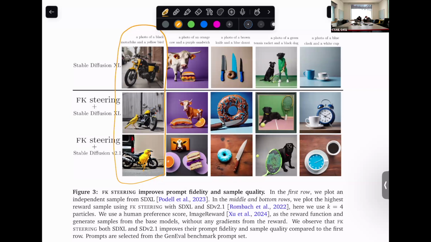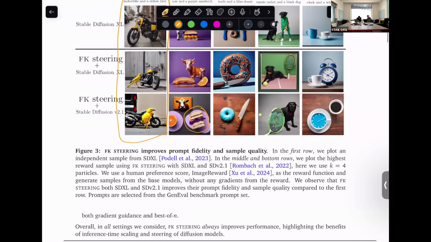I think that's important. And this one, good. Now the sandwich is actually a bit purple. The knife is brown. There's no clock in the original one, and now there's a clock. A photo of a green tennis racket and a black dog. It also seems to be better. It looks like it's making an improvement.